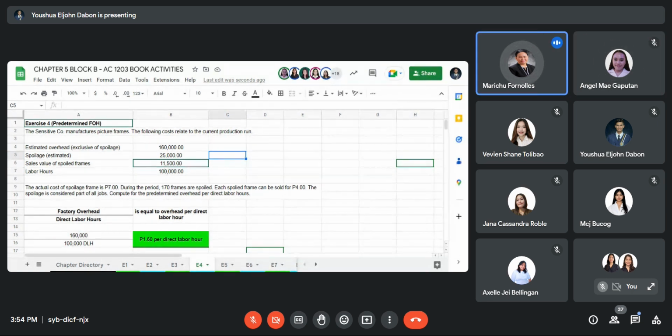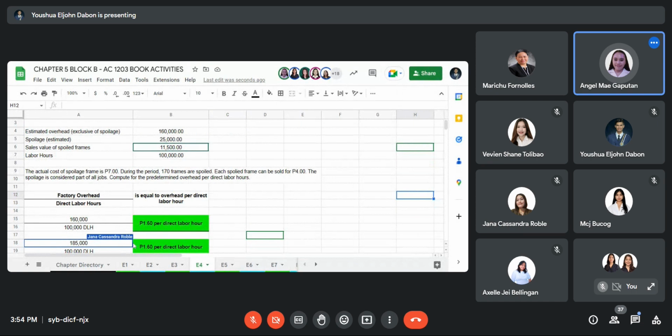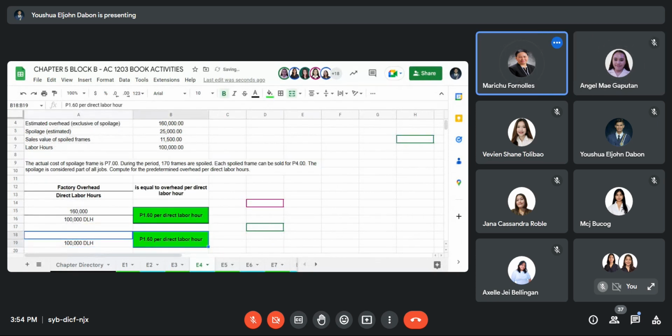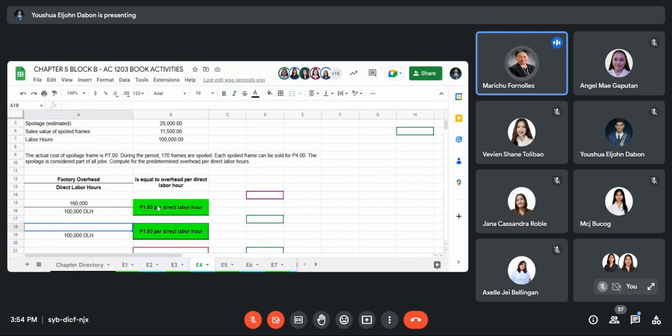Then divided by 100,000 direct labor hours equals 1.735 or 1.74 per direct labor hour, miss. Okay, so that should be the correct answer for this exercise.